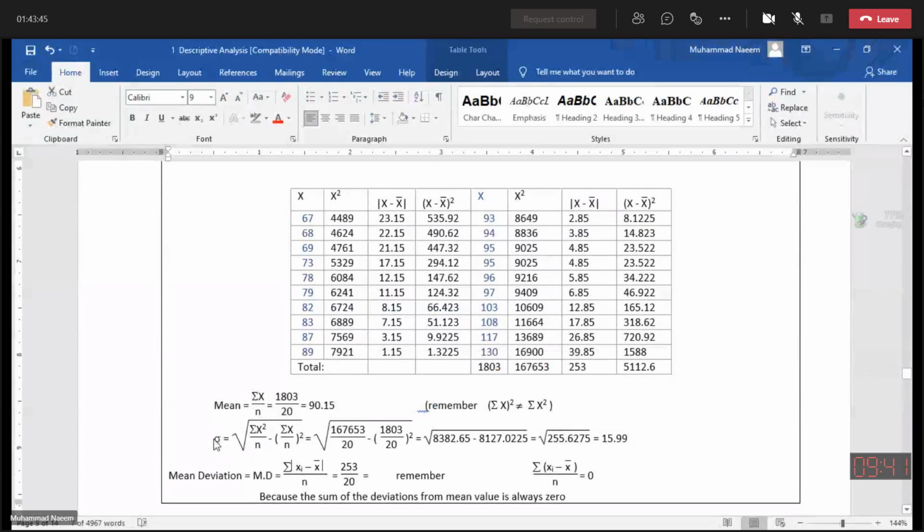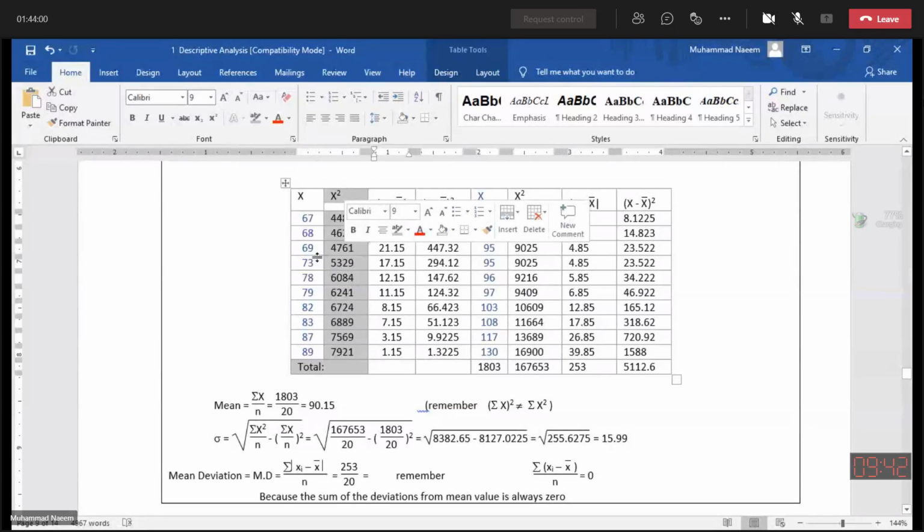Now for the standard deviation, if we use the alternative formula, first find their squares. The squares of all the values, and sum up, dividing by 20. And here, sigma x over n.